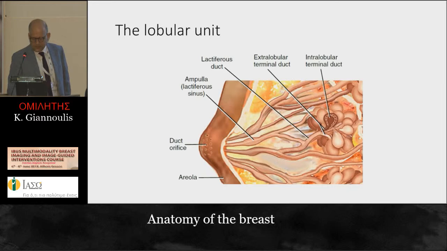Thus, the lactiferous ducts drain the entire breast, and before draining into the nipple, these ducts dilate and form lactiferous ampullas or sinuses. Contraction of the myoepithelial cells and the smooth muscle fibers of the areola aids in emptying the lactiferous sinuses of milk.